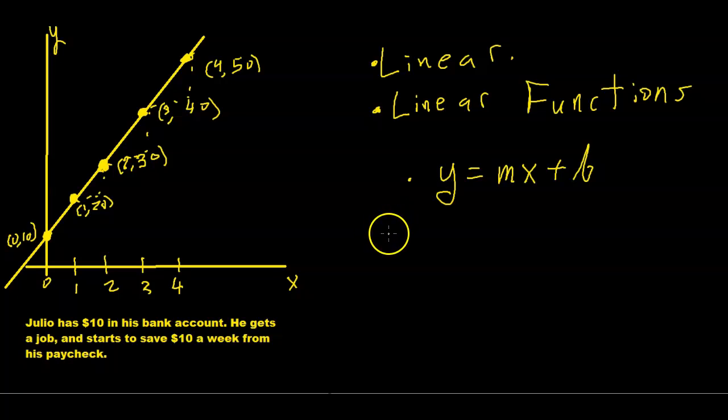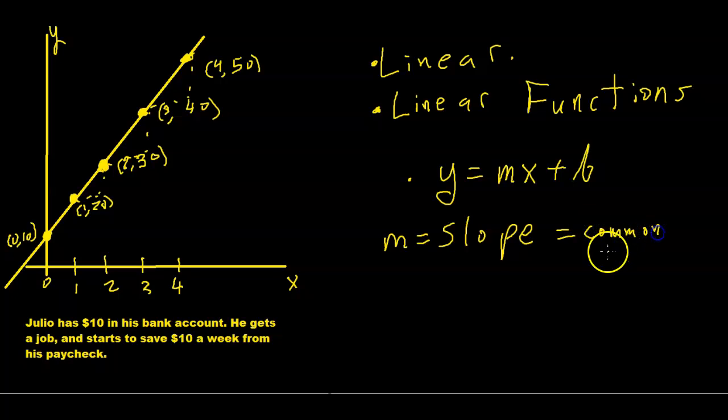Do we remember what m was? M was slope, right? But now that we're considering these linear relationships as lines, the slope is the same thing as the common difference, right? Because if Julio is saving $10 a week, that means the amount of money he has is changing by the exact same number each time.